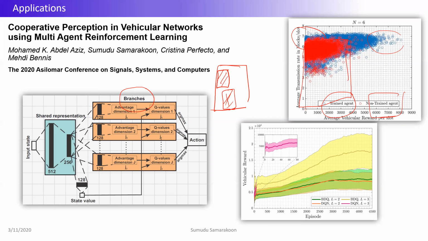Next, the work compares the proposed branch-based deep Q network with the traditional deep Q network. The branching technique, which allows analyzing certain sections of the Q table rather than the entire Q table, allows learning better policies in a much shorter time, yielding higher rewards compared to the traditional DQN design. So that's all for the reinforcement learning tutorial.